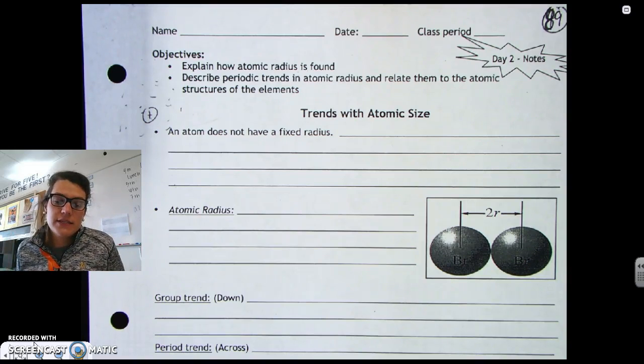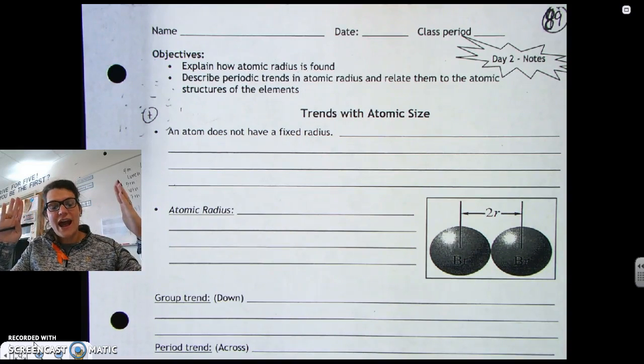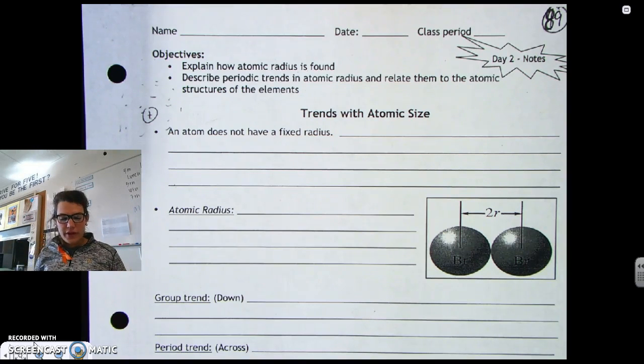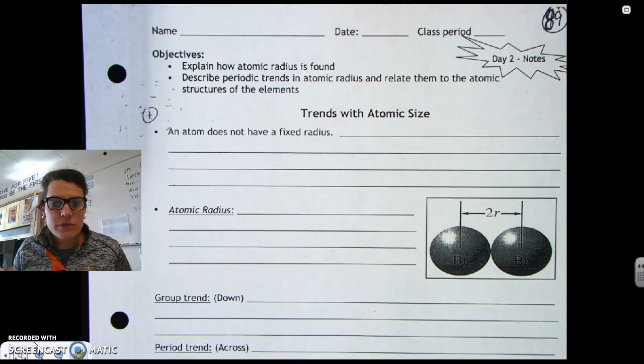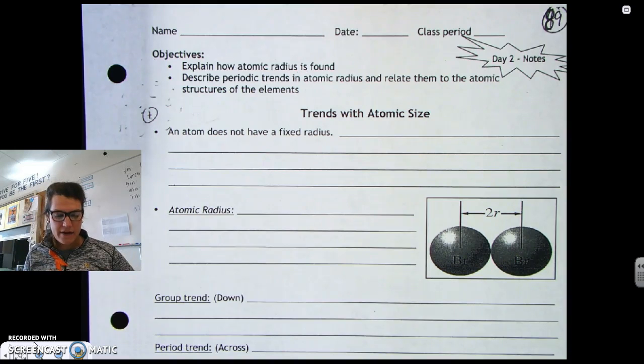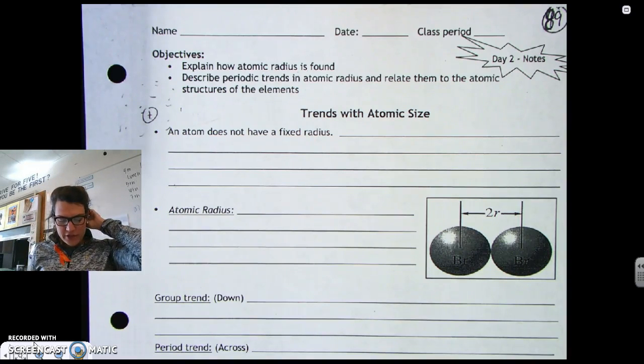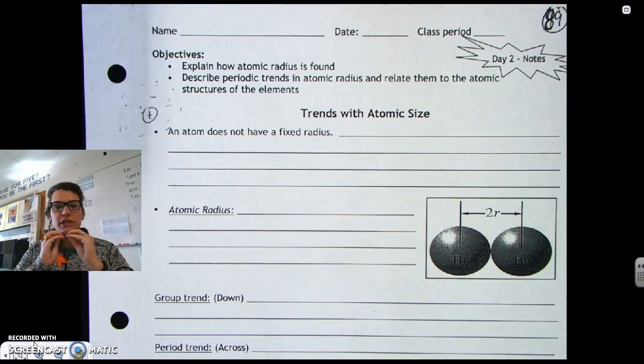I can't say where those electrons are to figure out how big that atom will be. So we say that atoms don't actually have a fixed radius, okay? The radius of an atom is going to be found by measuring the distance between two nuclei of touching atoms.